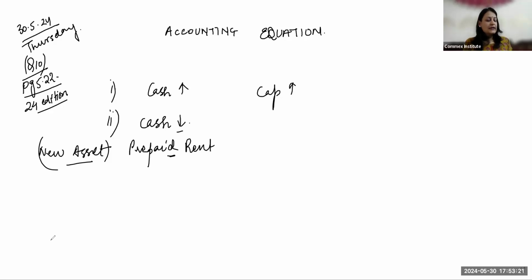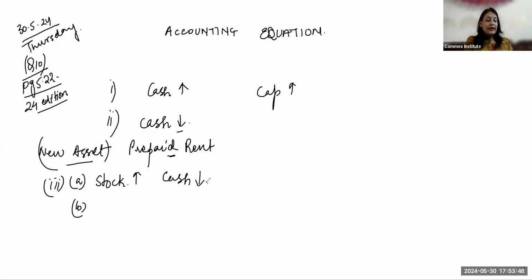Third one is purchase goods for cash 30,000 and credit 20,000. So again, in the third we have got two transactions, A and B. So A's effect would be that a stock column would be created. Okay, stock will increase and cash will decrease because we have paid the cash for this purchase.